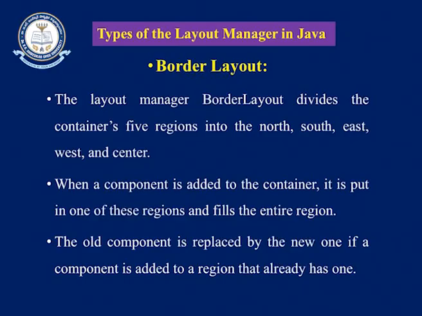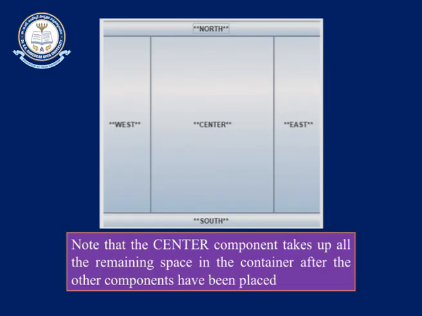When a component is added into this container, it is put in one of these regions, as we covered just now. One of the regions may have that component and it fills that entire region. One by one, all the regions will be filled with components. The old component is replaced by the new one if a component is added to a region that already has one. Let me show you that image related to the border layout.